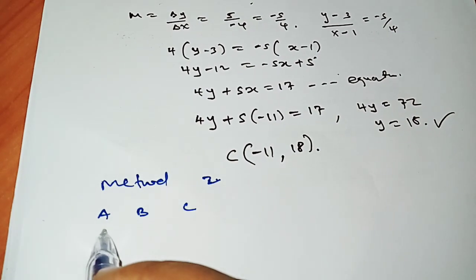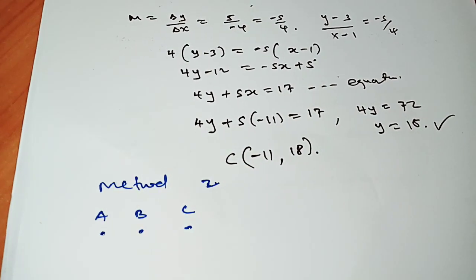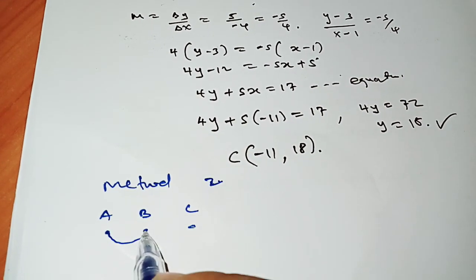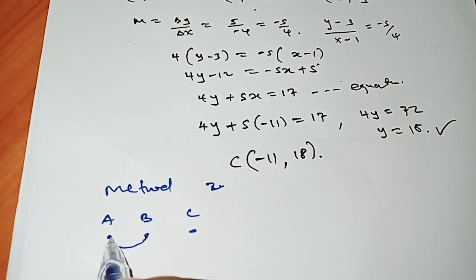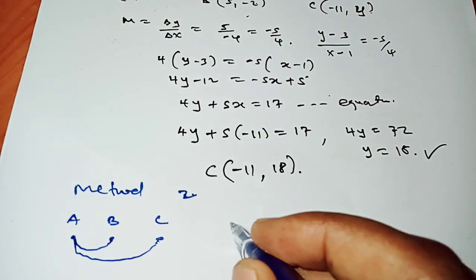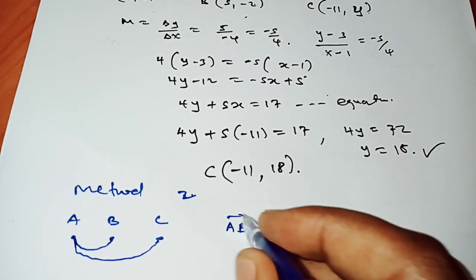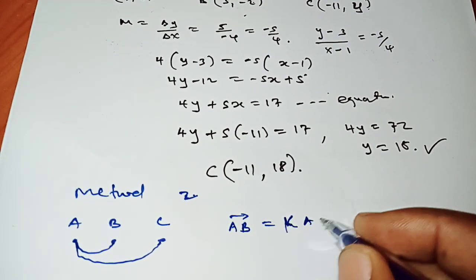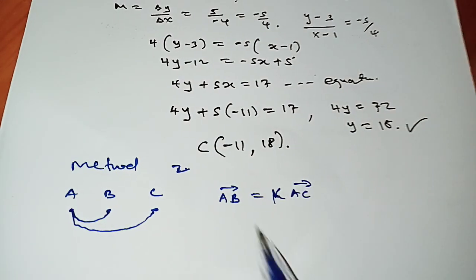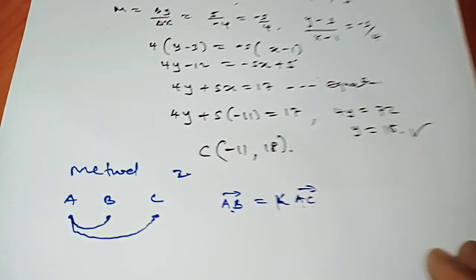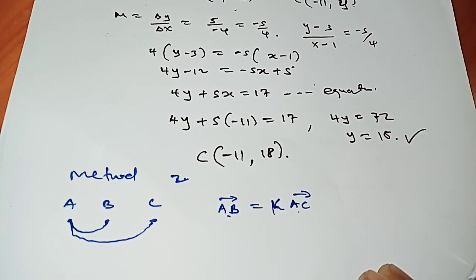If at all these 3 points are on a straight line, then we can assume that AB can be a fraction of AC. In other words, we say that AB can be equal to some scalar k times AC. Okay, so by vector method we determine AB and AC, then determine the value of k, which will also help us to solve for y.